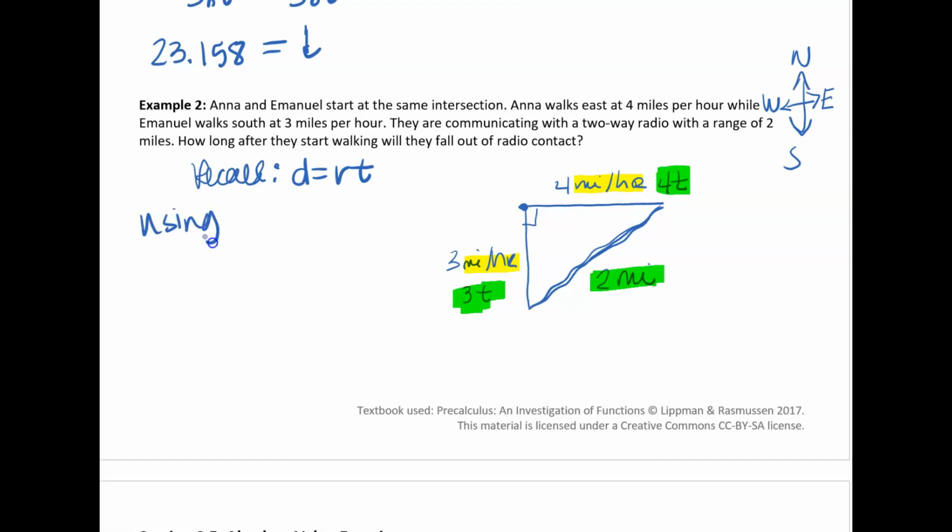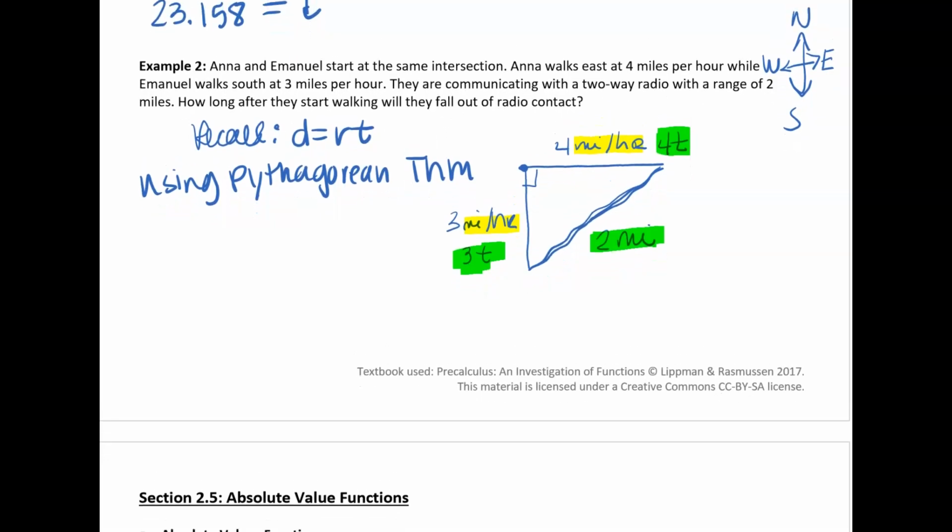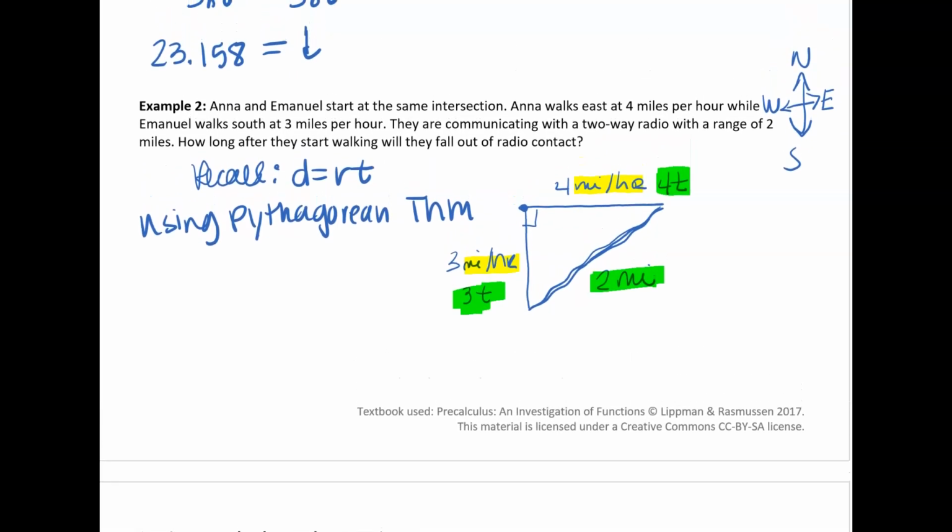And then using the Pythagorean theorem, we're going to set up an equation. That's one of those common formulas that you should know. The Pythagorean theorem says take the leg, 3t squared, plus the other leg, 4t squared, and set it equal to the hypotenuse, 2 squared.